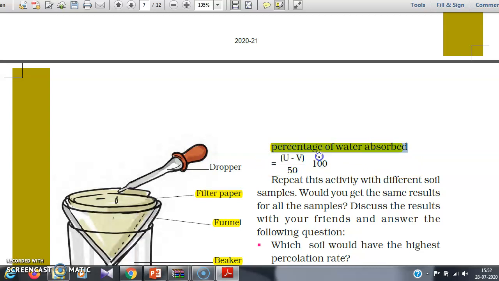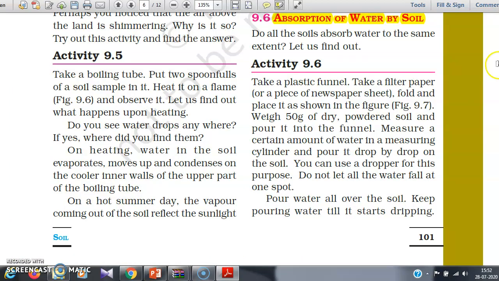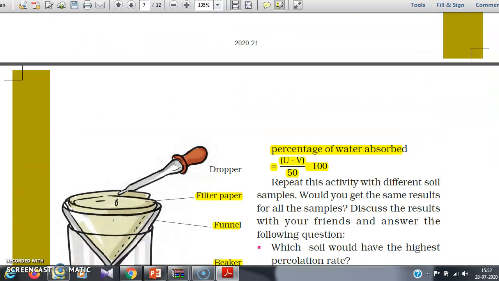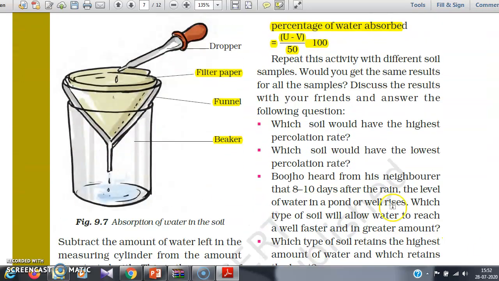I will again repeat it for you so that it can make your understanding clear. We have taken 50 gram of soil, right? Now I have 200 ml of water in a container.